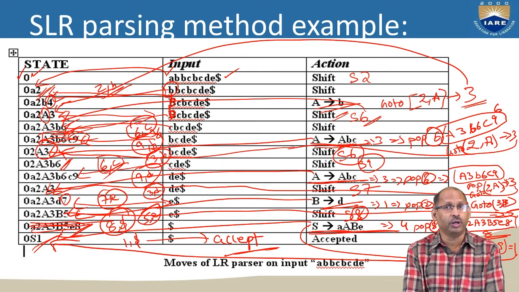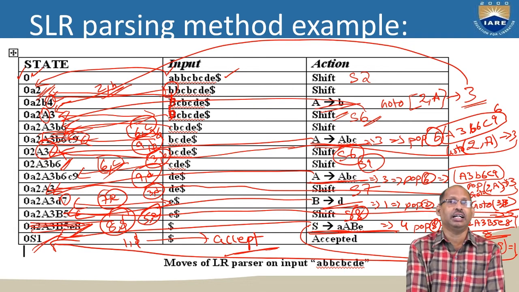Then, considering the handle of the production and using handle pruning, we are following the reverse of rightmost derivation, since it is a bottom-up parsing technique. So finally we conclude the input string is accepted by our grammar.